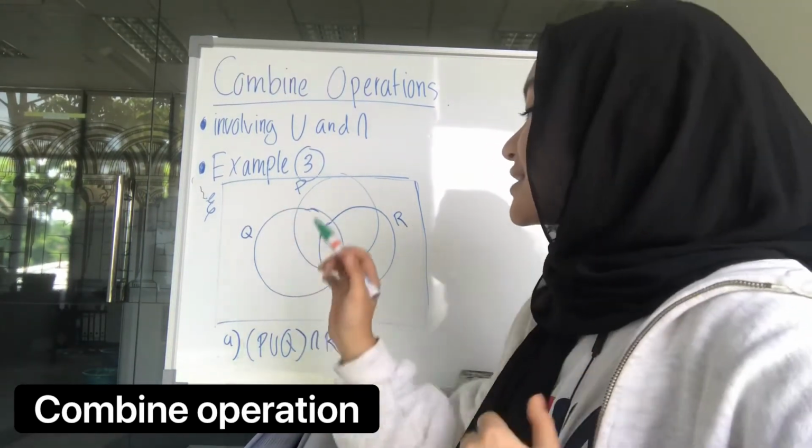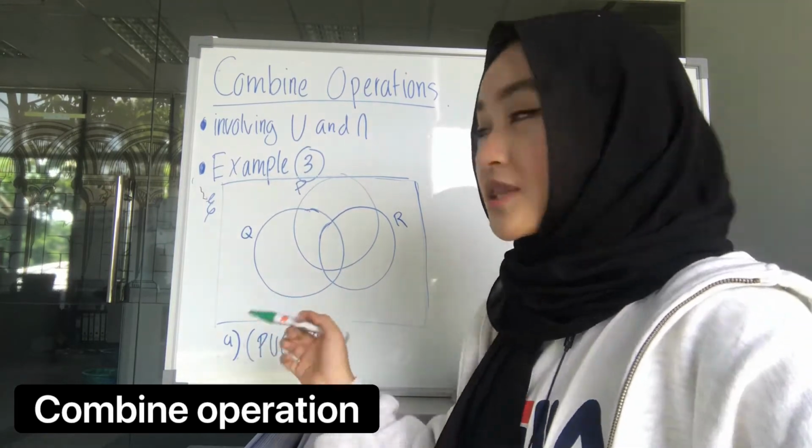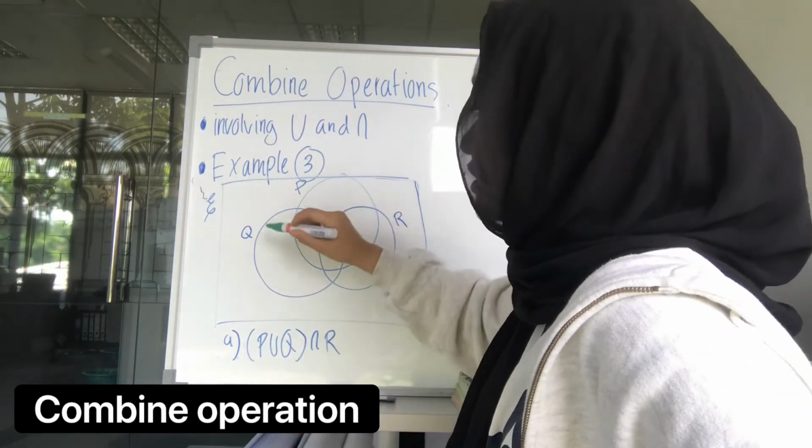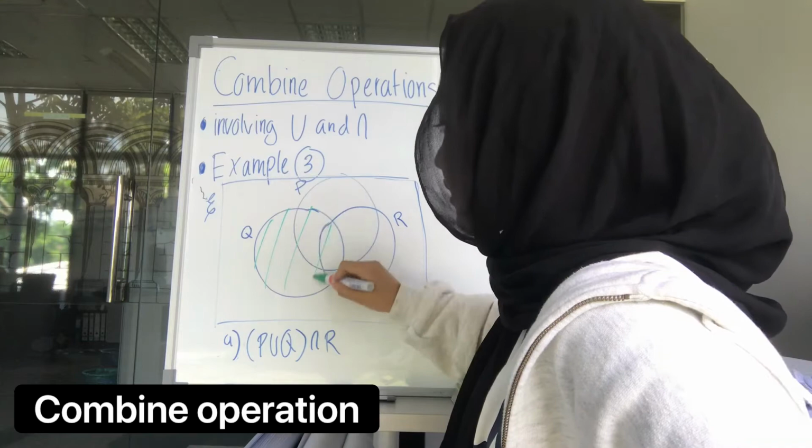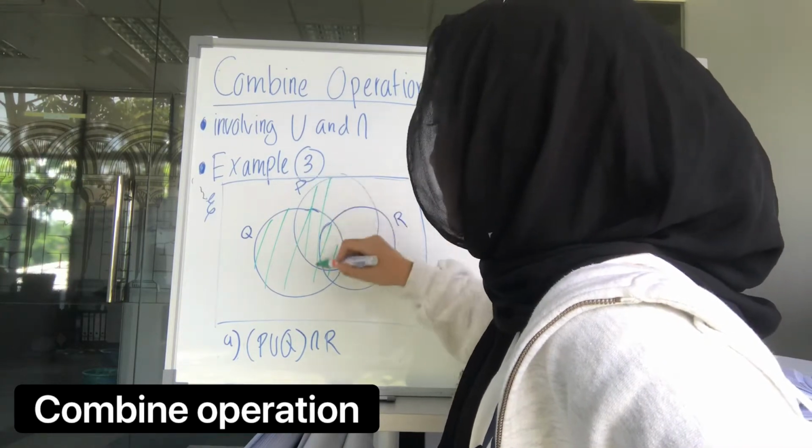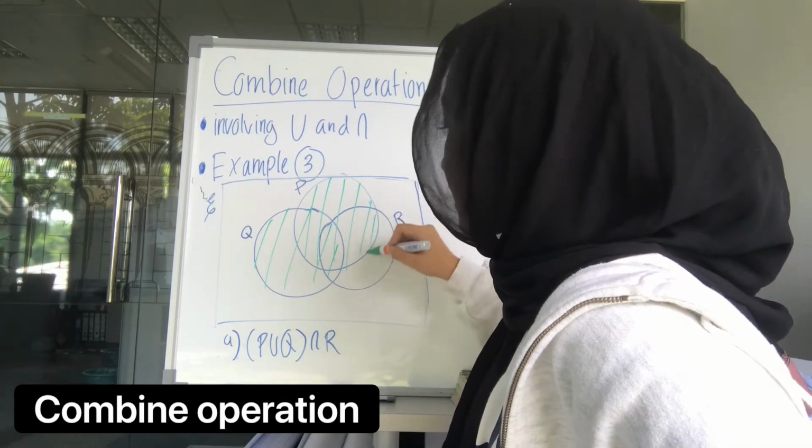The first in bracket is P union with Q. So we shade the part that has P union with Q.